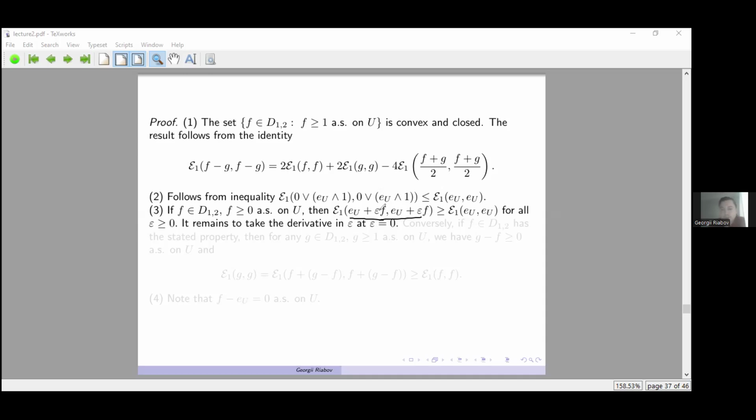And if we differentiate in epsilon, we will actually get that the product of EU and f is non-negative.